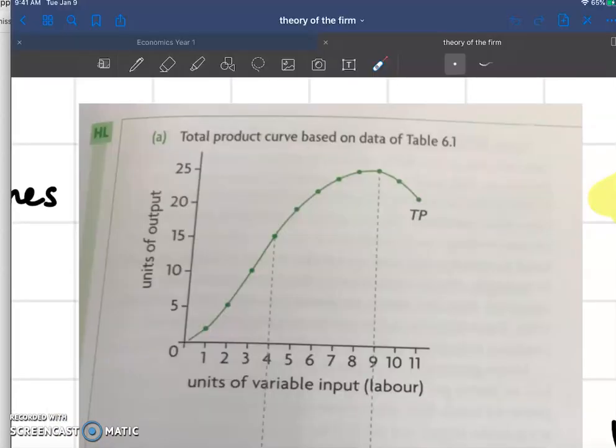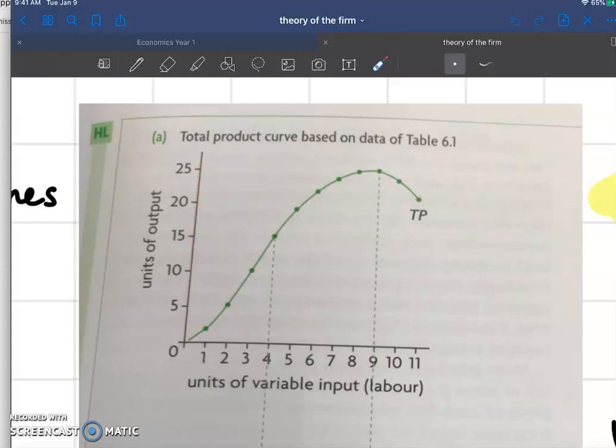Now, the diagram that we see here from the Degay's book reflects this increasing total product. We see from our origin of zero, that our total product curve increases. Now, the exception to this is at the end of our total product curve, as we increase our variable input, in this case labor, when we're adding more workers, we eventually do actually suffer from a fall off in our total output, which is represented on this vertical axis.